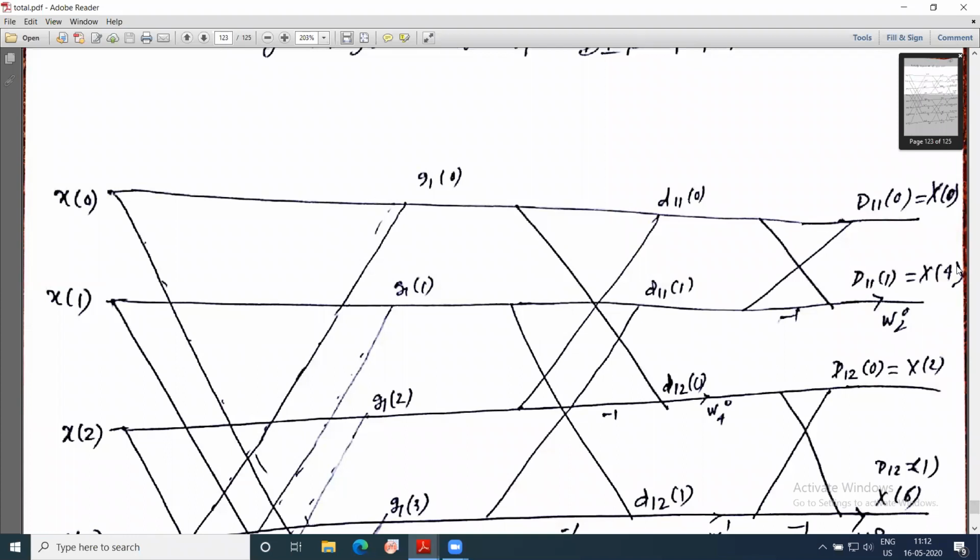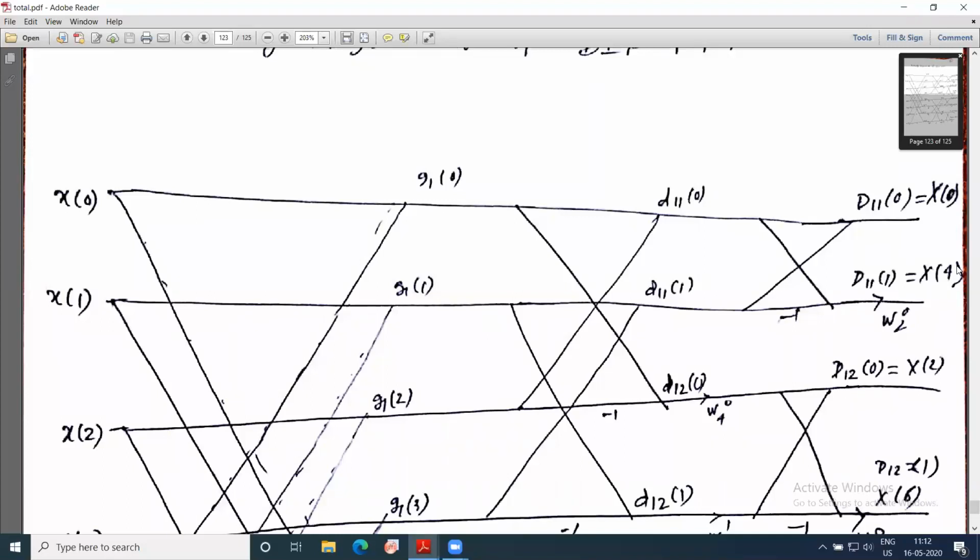So there are differences between DIT-FFT and DIF-FFT. The first difference is that in case of DIT, multiplication is pre, and in case of DIF-FFT, multiplication is post. And the second difference is that in DIT-FFT, inputs are in bit reverse order and output is in normal order, but in case of DIF-FFT, input is in normal order but output is in bit reverse order.